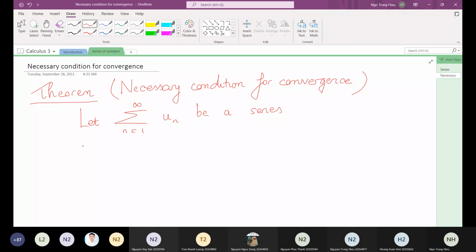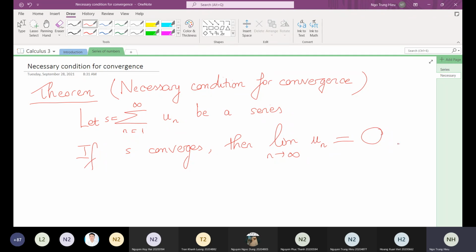So if this series converges, say you call it S, then the individual terms u_n have to go to 0.